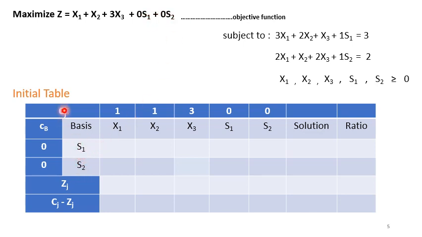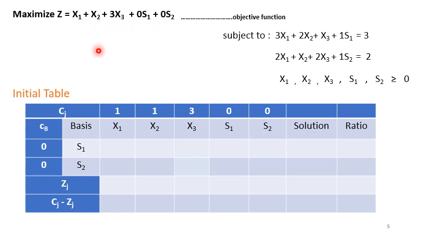Now let us see what each of these terms and numbers indicate. First, in the first row, Cj is written. Cj is the coefficient of the variables in the objective function.